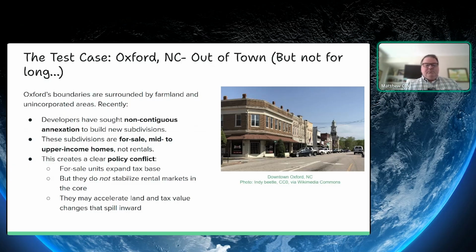But here's the policy conflict, and here's what I wanted to test and challenge: the notion that all of this sort of development is a net positive. For governmental entities, the for sale units will expand the tax base. They will actually make money on an annual basis from these out of area expansions, but they don't tend to stabilize rental markets in the core city. In fact, they do a couple of things.